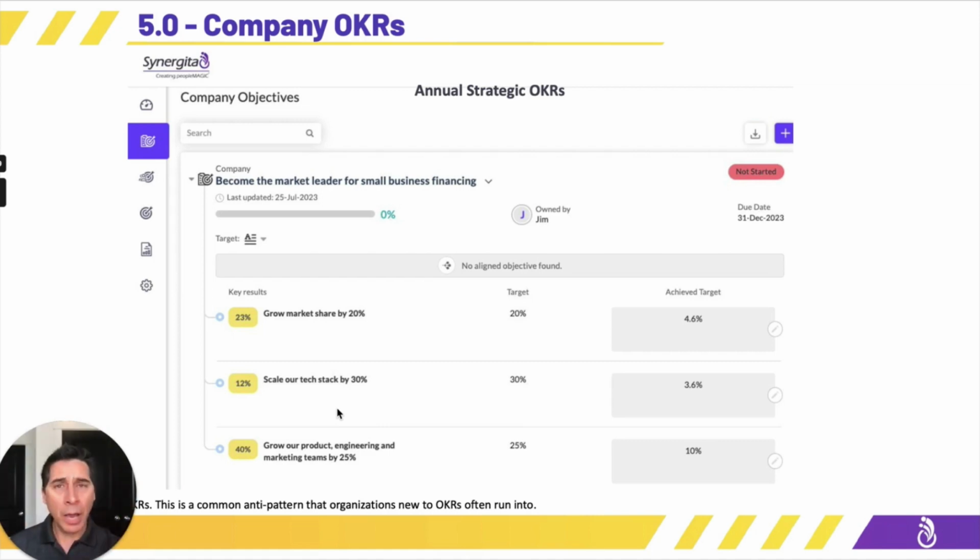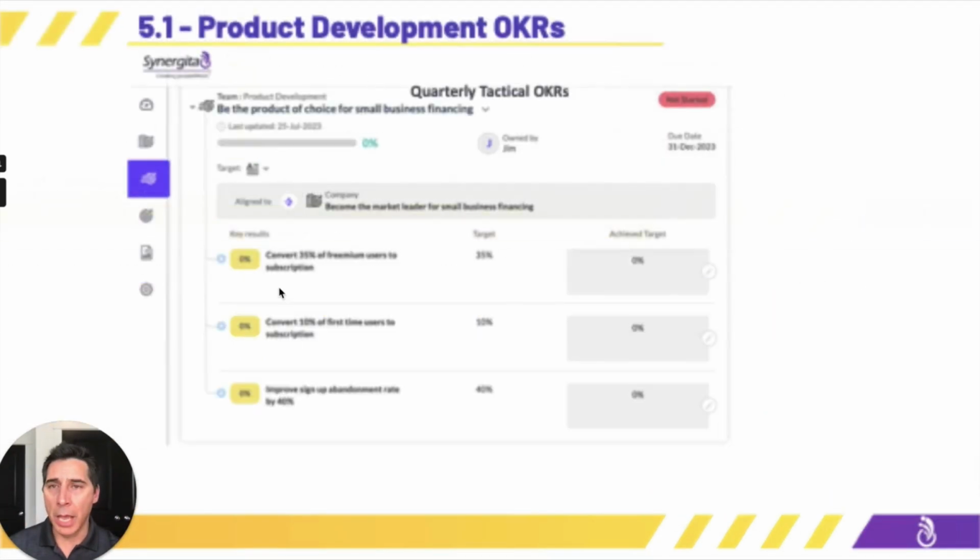Okay, so how we execute on that is when we take it down a layer to our teams, right? So here we've got our product development team, and their goal is to be the product of choice for small business financing. And so they measure that through their key results in terms of converting 35% of freemium users to subscription, converting 10% of first-time users to subscription, and then improving the sign-up abandonment rate by 40%, right?